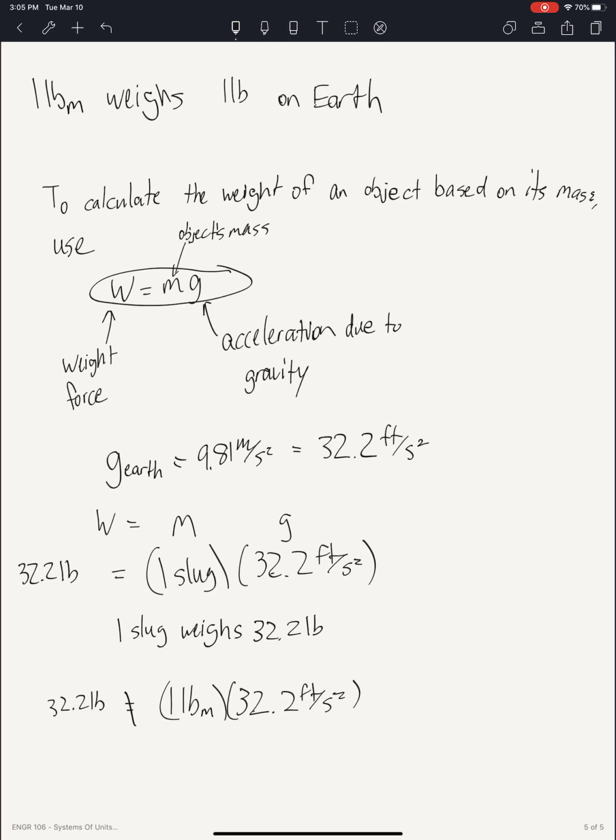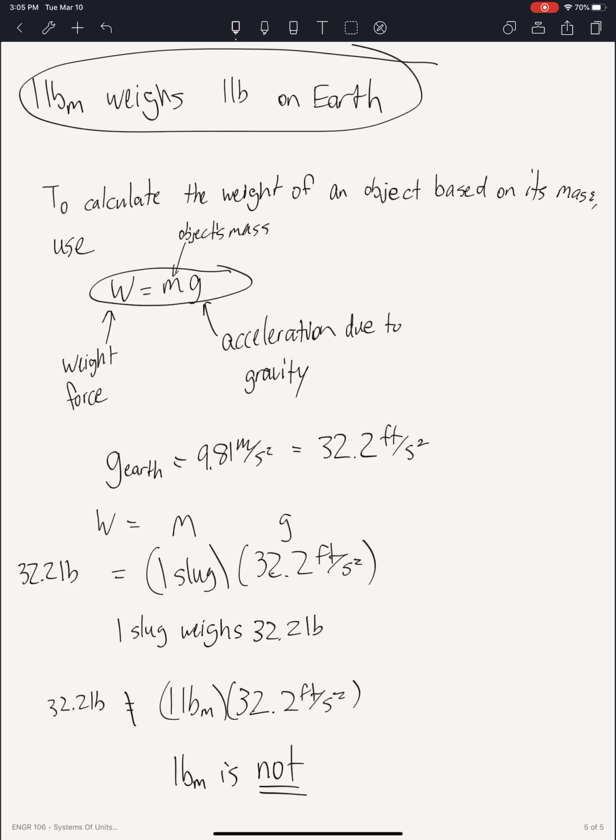Why? 1 pound mass does not weigh 32.2 pounds. I'll look at the top of the page. 1 pound mass weighs 1 pound. Pound mass is not standard. Don't use it. If you have a mass and you need to find a mass, you have two options.